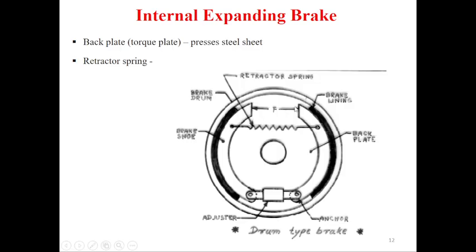In hydraulic brakes, a piston is required between the force and the brakes, and when we use the mechanical brake there is a cam. A torque plate, a pressed steel plate, is required, and a retracting spring is taken here. When the force is applied, the wheel has the brake drum, brake lining, brake plate, anchor, adjuster and the brake shoes. It works simply in the same way for the mechanical brake and the hydraulic brake.